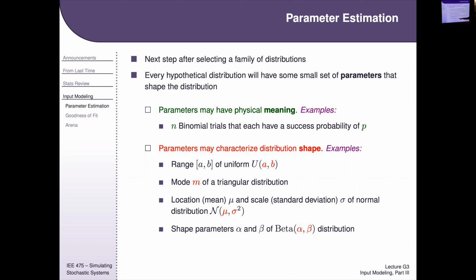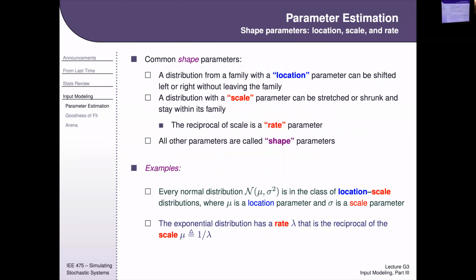Like for a beta distribution, which we haven't really talked about, the parameters there have 0 physical meaning. Well, you could argue they have some meaning, but it's very mathematical. That's very different than the uniform distribution where you can say, well, it's no lower than A and it's no bigger than B, but these all sort of affect the shape of the distribution. And so the common shape parameters that we'll talk about is the so-called location parameter.